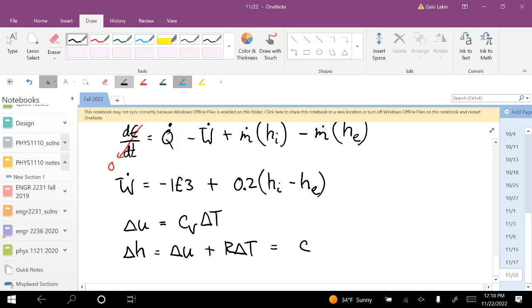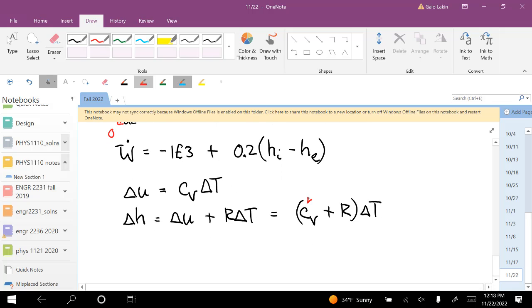So this is Cv plus R times delta T. And we're given that Cv is 0.72 times 10 to the third, and R is 287.